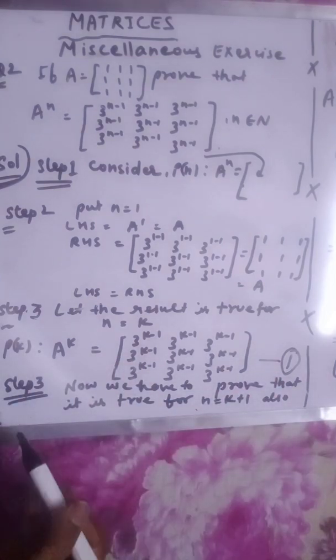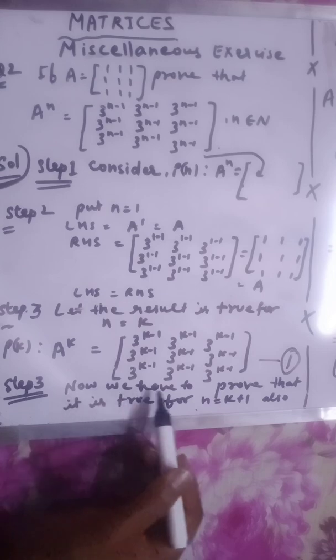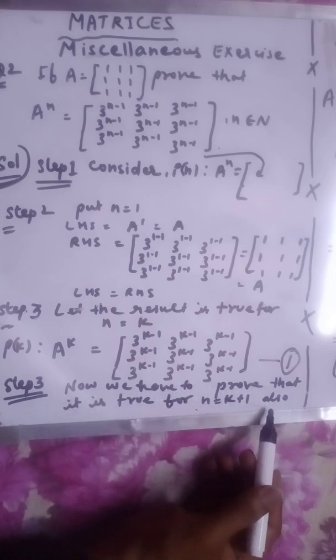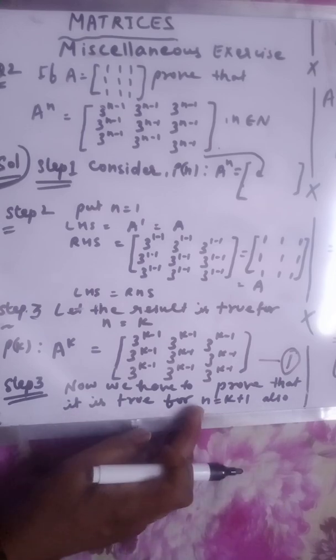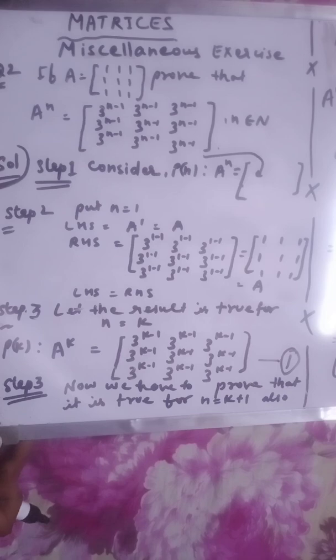Now in step 3, the last step, we have to prove that it is true for n equals k plus 1 also. So I am replacing n by k plus 1 in this statement. Got it? See on the next page.